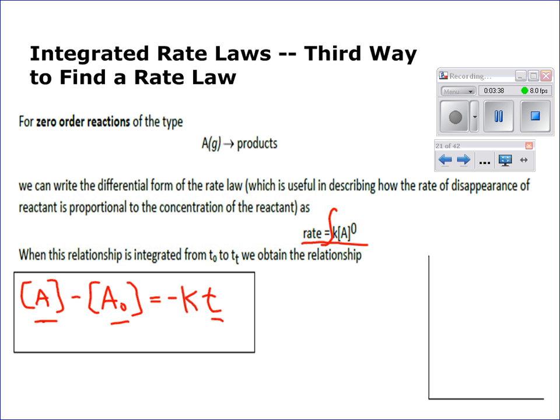Okay, you can use it to plug and chug to find time, you can use it to find k, all sorts of things. You will have to memorize this particular one. There's only 2 equations you're going to have to memorize. This is one of them because this is not on the AP equation sheet. All right, so you have to memorize the integrated rate law for a zero order reaction.